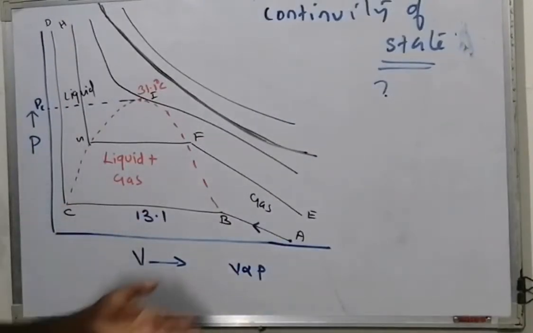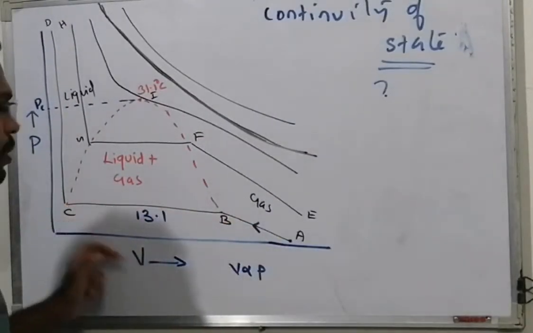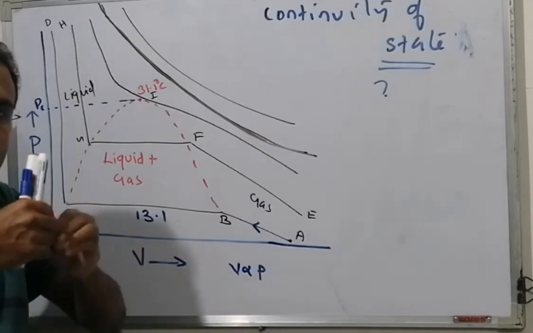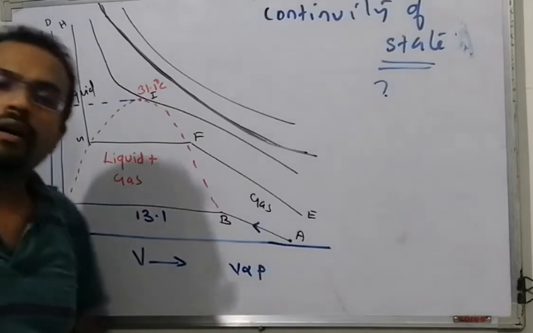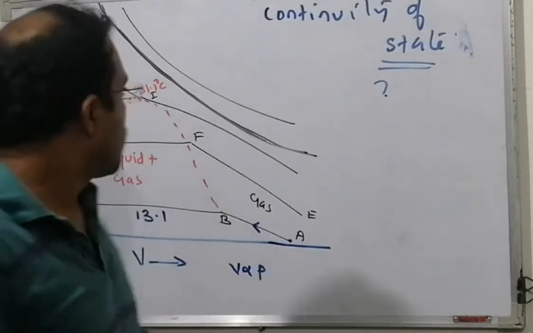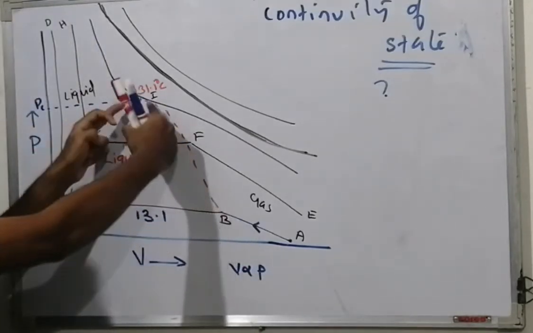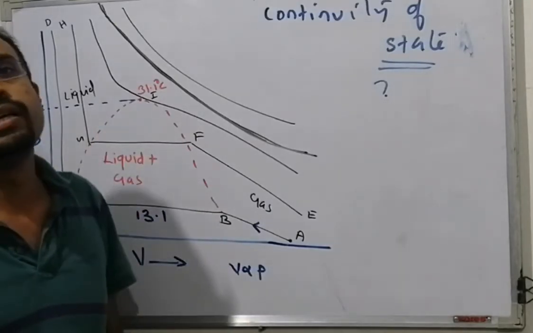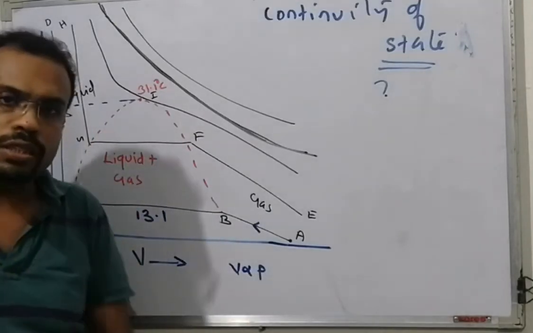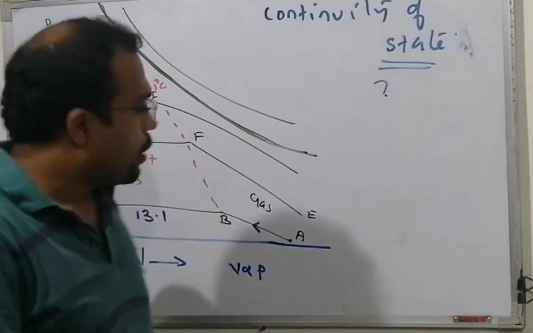Because normally gases are converted to liquid by passing through a gas-liquid intermediate state, except at the critical temperature. In all other cases you have an area, this type of area, under which you have the liquid-gas state. This is the question. Okay, you can do that.